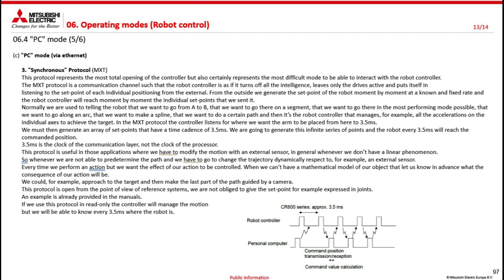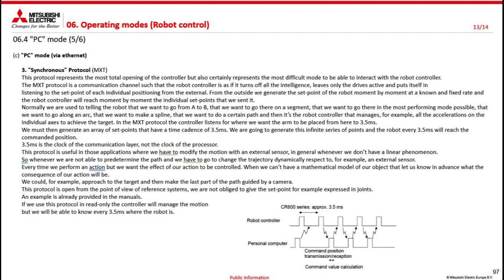In the MXT protocol, the controller listens for where we want the arm to be positioned every 3.5 milliseconds. We must therefore generate an array of set points that have a time frequency of 3.5 milliseconds. We are going to generate infinite points, and the robot every 3.5 milliseconds will reach the commanded position. That's right, 3.5 milliseconds is the communication layer clock. This is not the processor clock.